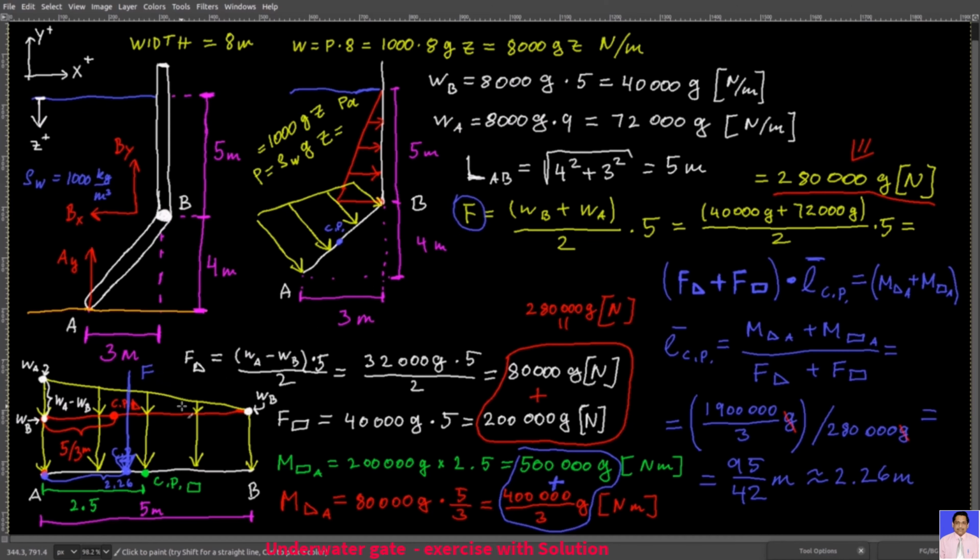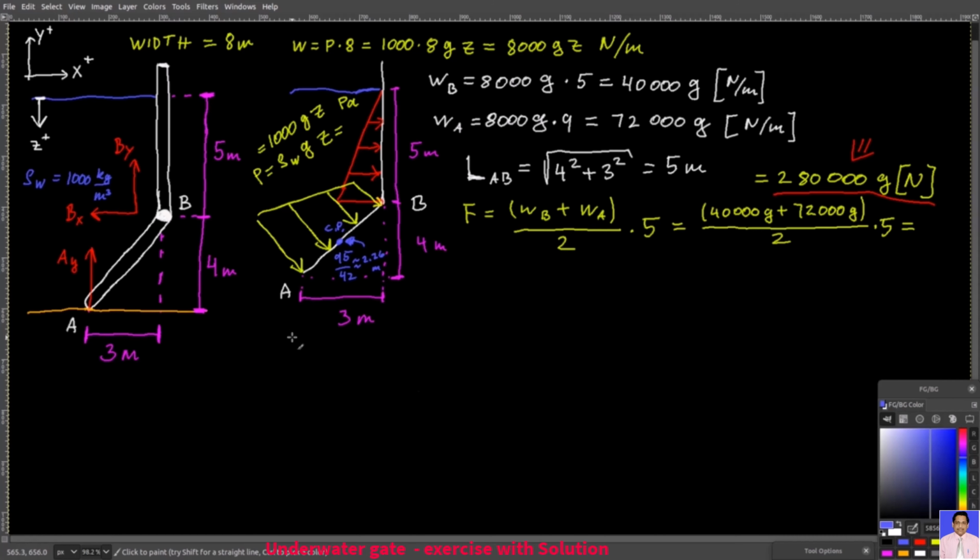Welcome back. And now that we have our center of pressure of the gate from point A due to this trapezoidal force distribution, we know that the force due to this distribution, which is this one here, F, goes through this point, and of course it's perpendicular to the gate.